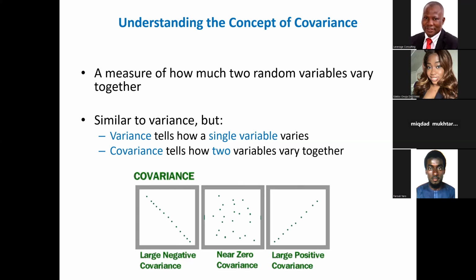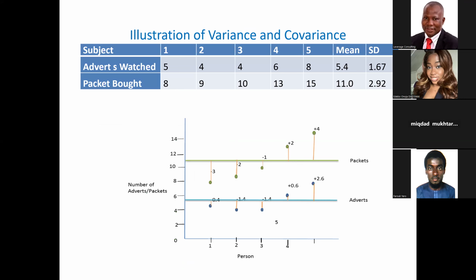For example, look at covariance. With negative covariance, as one variable increases, the other one decreases, in the opposite direction. The one in the middle is near zero covariance, and the one here is positive covariance: as one increases, the other one increases also.